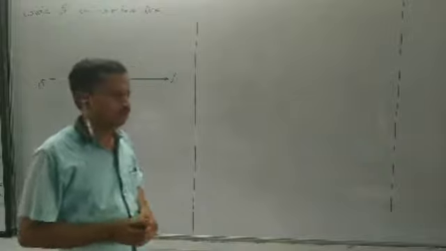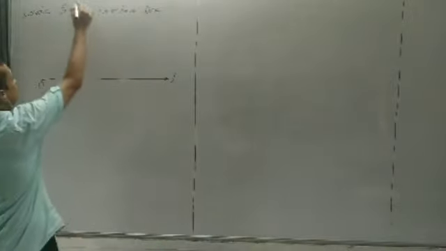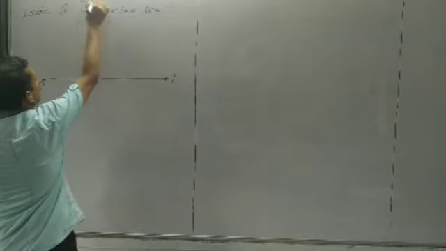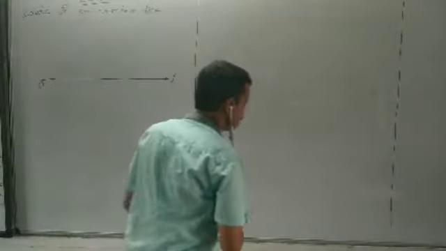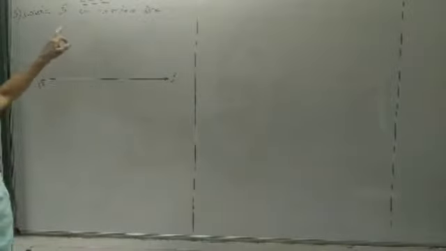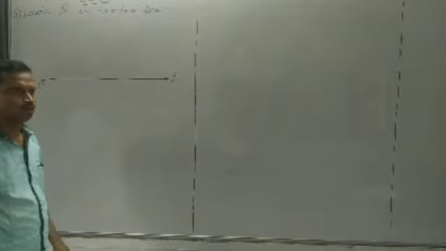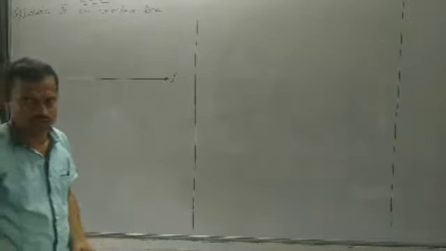Now in this exercise 1.2, the third question: locate root 5 on the number line. Before root 5, I taught you how to locate root 2 and also root 3.